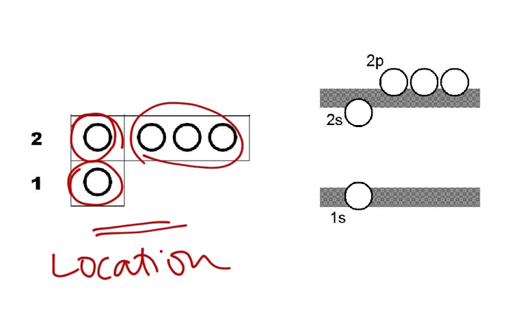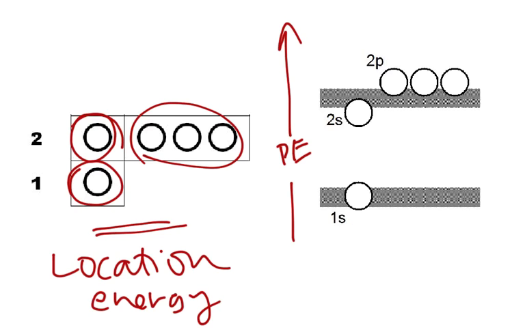But this is also the picture for the energy of the orbitals in a hydrogen atom. But the energy for everybody else, and we're talking about potential energy, has this sort of a picture where the 2p orbital is a little bit higher energy than the 2s orbital. And that's what we want to explore.